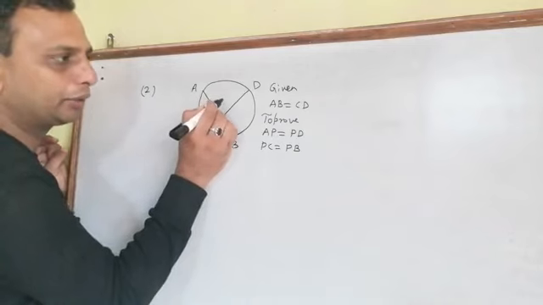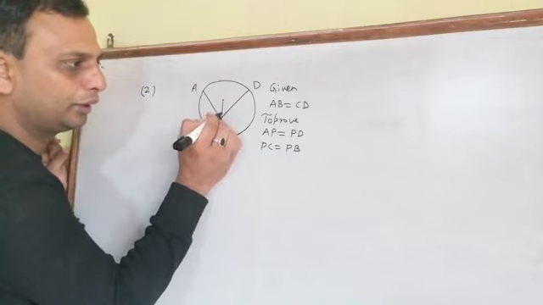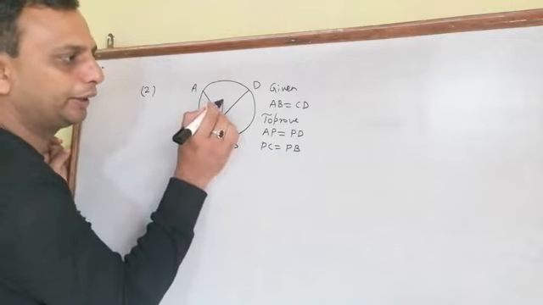So we will take the center of the circle. Suppose this is the center of the circle. We will join the lines from the center of the circle.